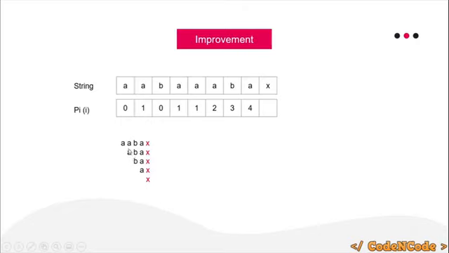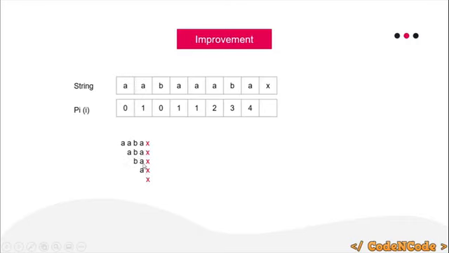So, can you find any relation between the AABA and the rest? Why am I emphasizing AABA? Because pi of I minus 1 is 4. That means the suffix AABA already matches with the prefix AABA, right? So can you find any relation between AABA and the rest of these substrings written in black color: ABA, BA and A?